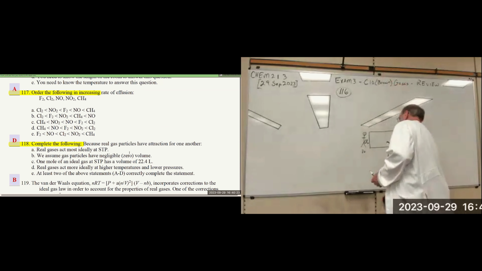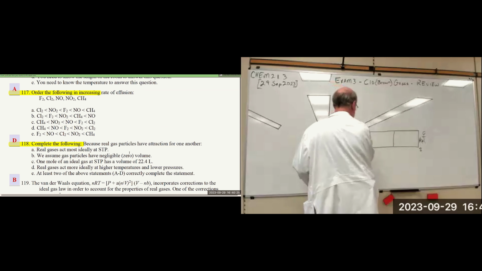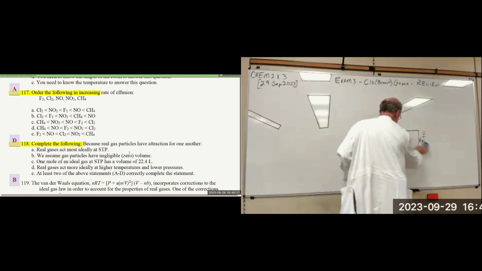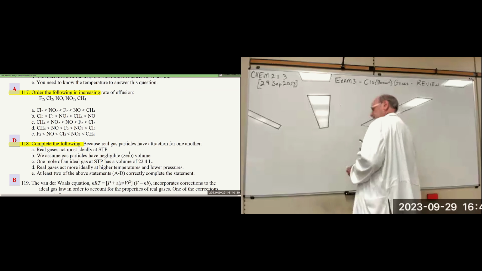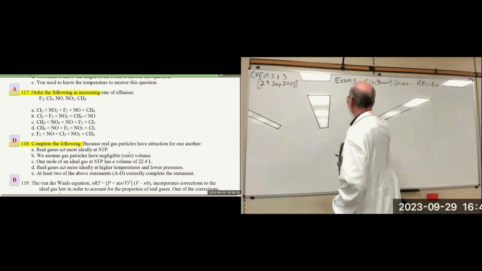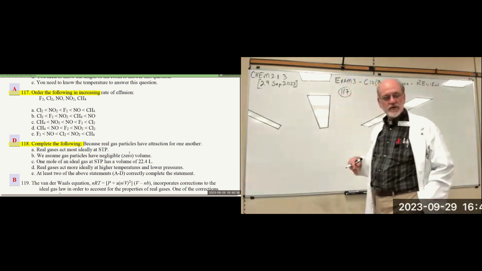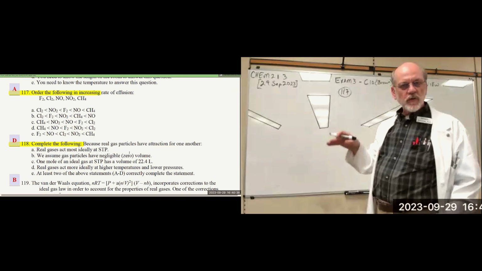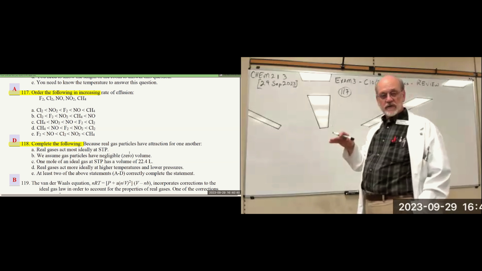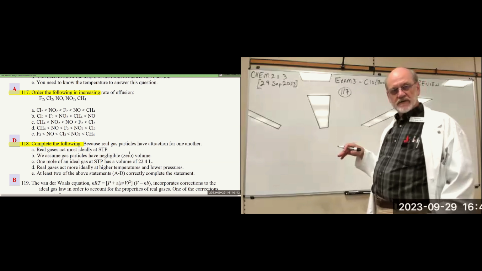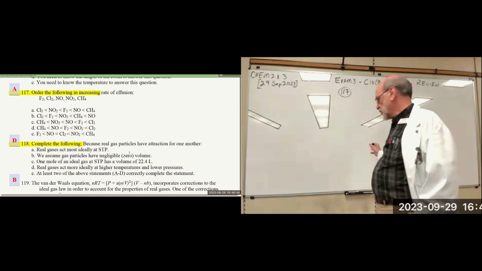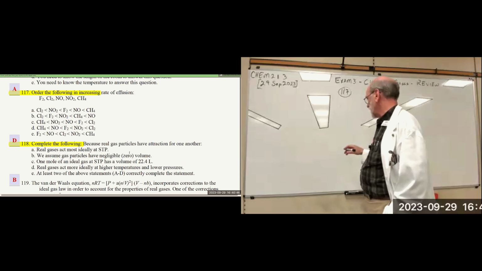All right. So we're still talking about diffusion rates with 117. What we want to do is put these in order of increasing rate of diffusion. The slowest one on the left, the fastest one on the right, and everybody else in between.